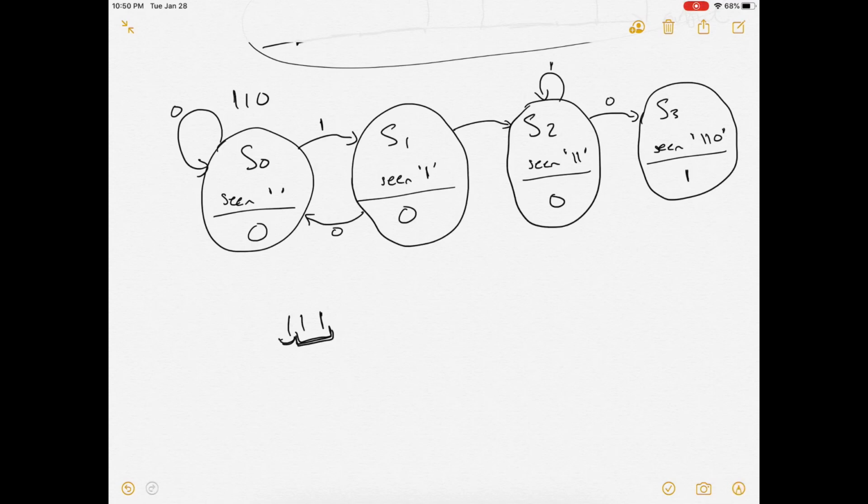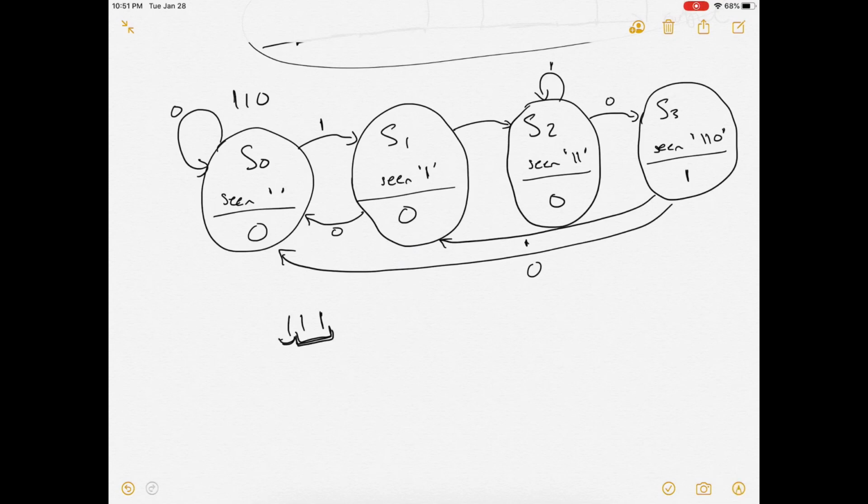Now from S3, if we see a 0, we will go back to S0 because that's seeing nothing from our sequence. Basically here in S3, we already detected our sequence, so now we need to reset everything. If we see 0, it means we haven't seen anything new for the next sequence we want to detect, which is still 1, 1, 0. So we go to S0. If we see 1, we have seen our first bit of the sequence we want to detect, which is S1, and we go to S1.